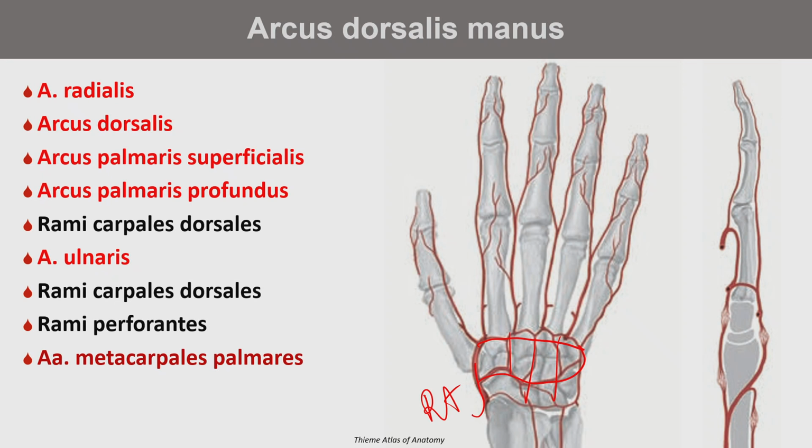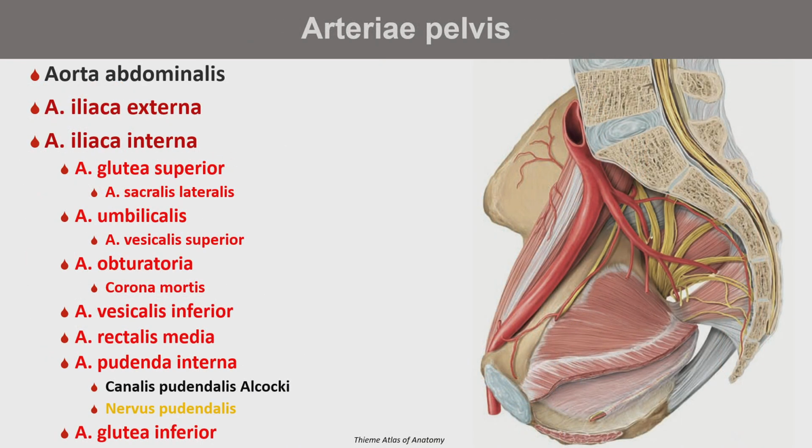From the carpal region and from the dorsal branch, the most important are the carpal dorsal arteries, and from the carpal dorsal or metacarpal dorsal arteries the fingers are supplied. Even if fingers have palmar branches, the most important are dorsal, which go along the dorsal part of the bones. So these were the arteries arising from the subclavian artery and supplying the upper limb.